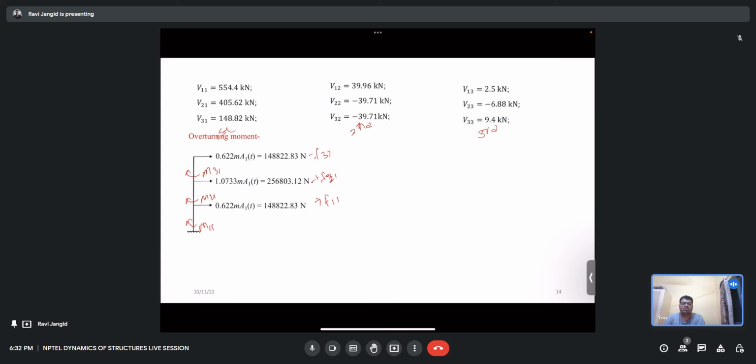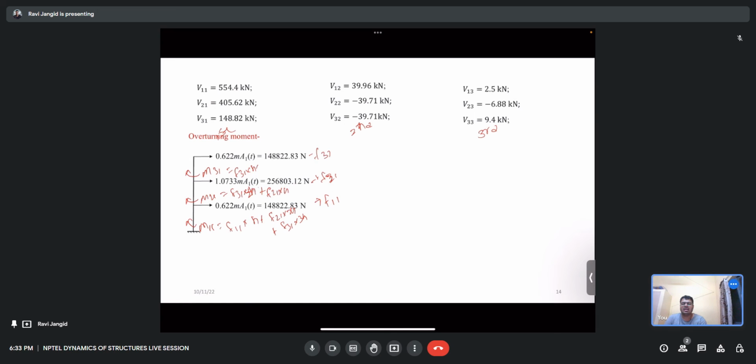So M31 is coming out to be F31 times H, F21 is coming out to be F31 times 4, or H plus 2H, that would be 2H plus F21 times H. For this, that will come as F11 times H plus F21 times 2H plus F31 times 3H.